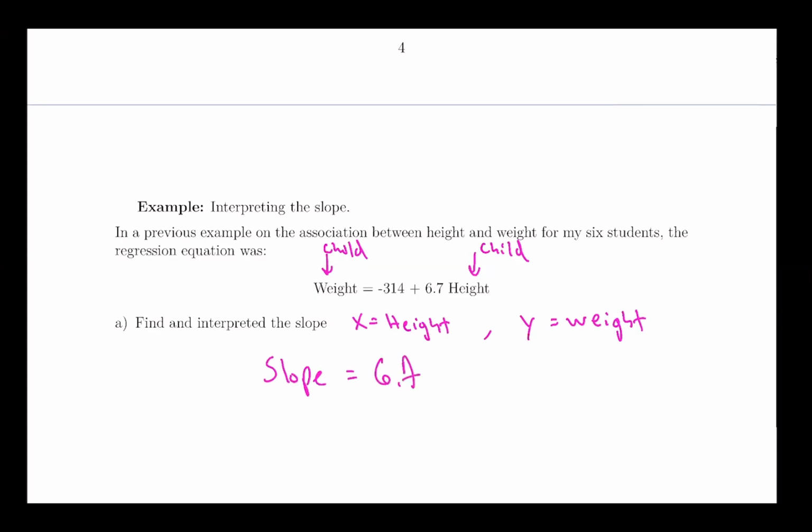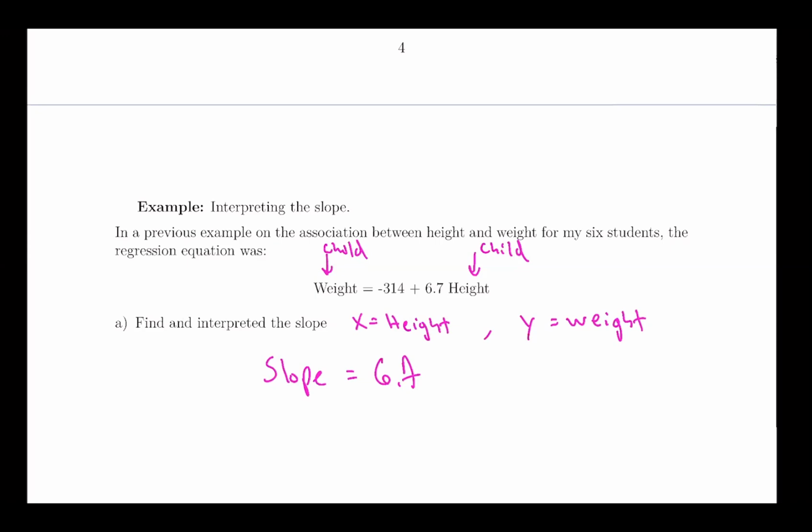An easy way to look at this is you always look at which number is next to something. The number that's next to something will be your slope. Because if you look at the 314, it's by itself. So essentially it's a loner. The loner will always be the y-intercept. The one attached to the variable will always be your slope.